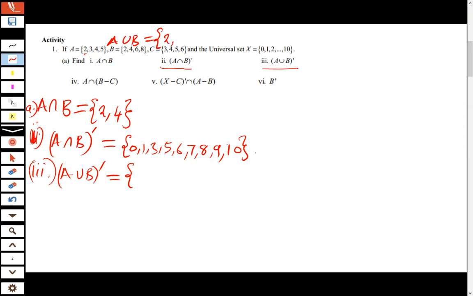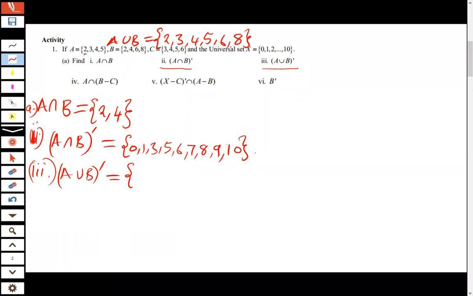So we have 2, 3, 4, 5. Then in B we have 2, 4, 6, 8. So we have 2, 3, 4, 5, then we have 6, and then 8. So this is our A union B.